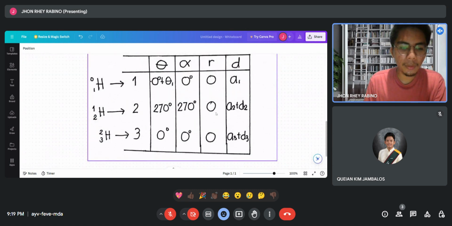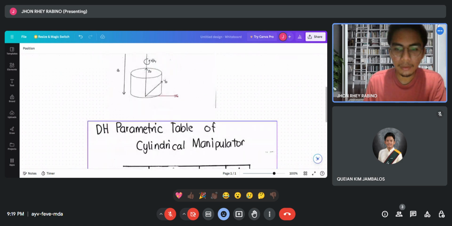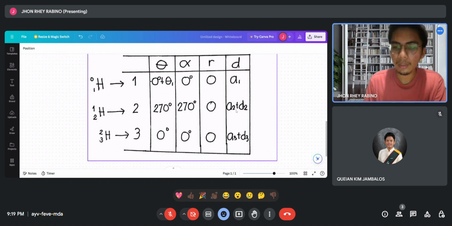For row 2, the distance between the origins of body 2 and body 1 along the z sub 1 axis, since z sub 1 is our z sub n minus 1, is represented by d for row 2. The distance denoted as a sub 2 corresponds to joint 2, and due to the fact it is a prismatic joint, it is a sub 2 plus d sub 2.